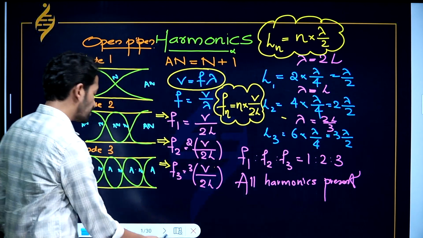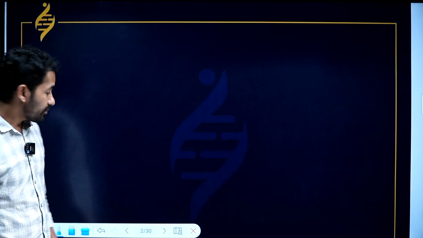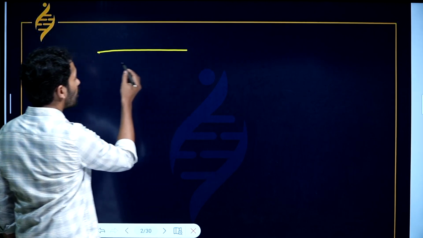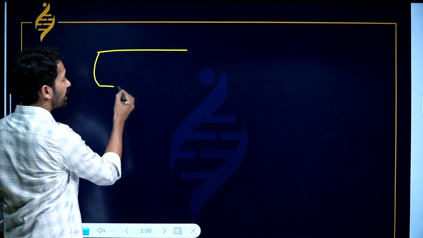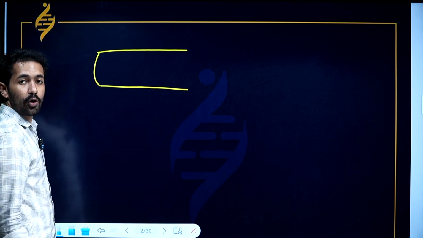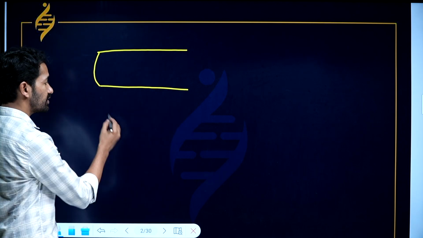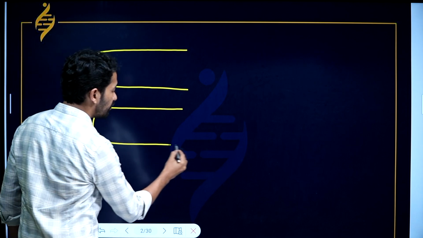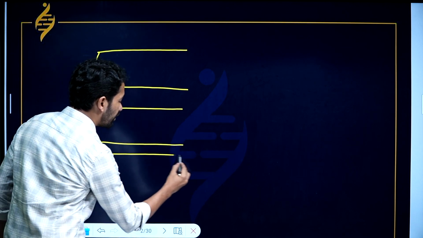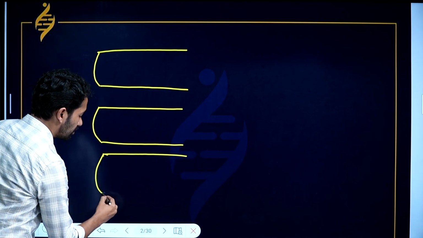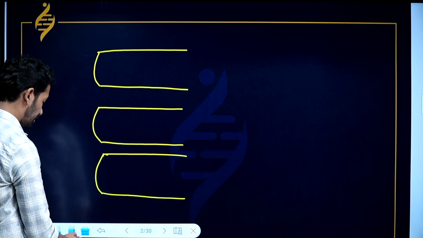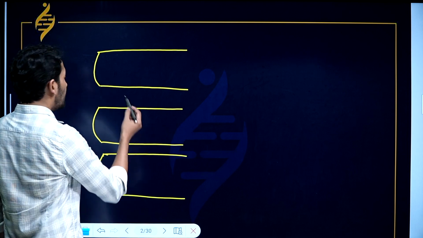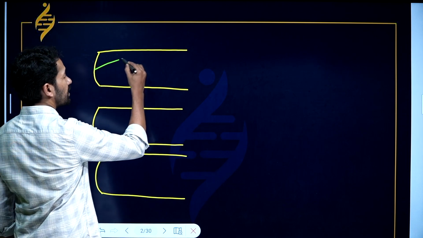Let's see a closed pipe. Right. Now here, in the case of a closed pipe, you will observe that one end is open and one end is closed. Again I will draw the second, this is for finding the second frequency or the second harmonic, second mode. In the first case, I will start from here.